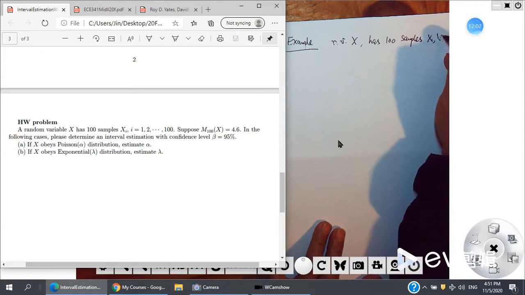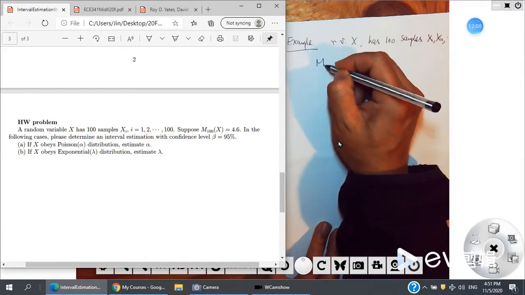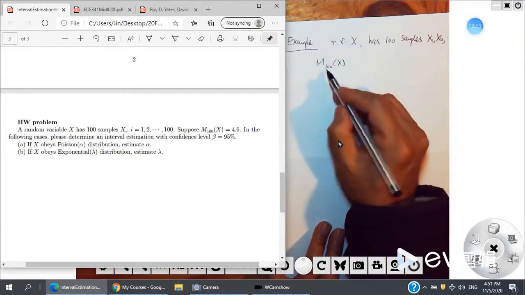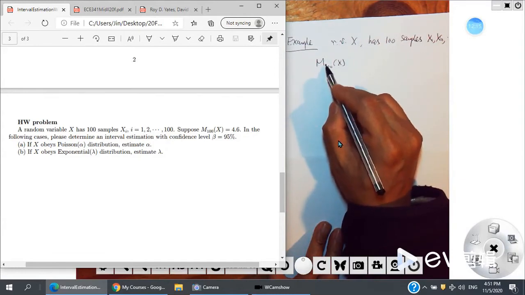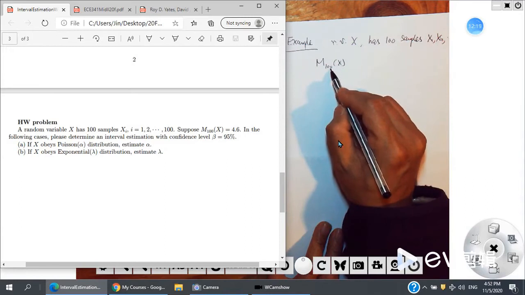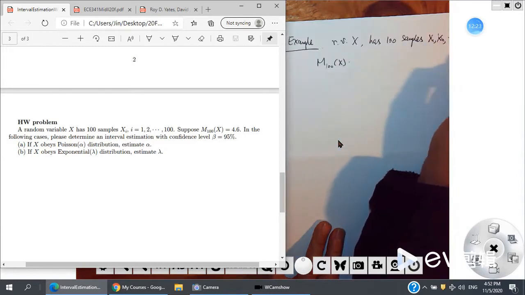x1, x2 until x100, and we have samples. And we know M100 of x. This means capital M is the mean of x with 100 samples. So this is just adding all of these together and dividing by 100.